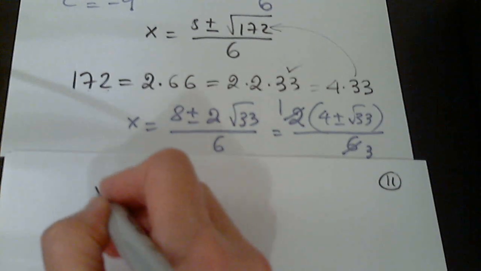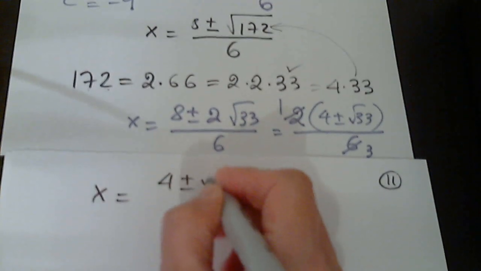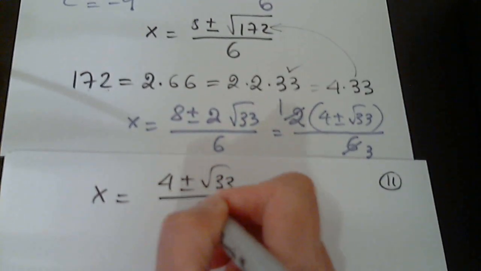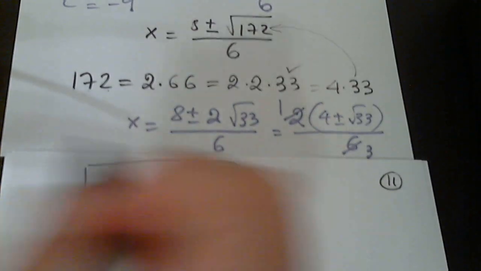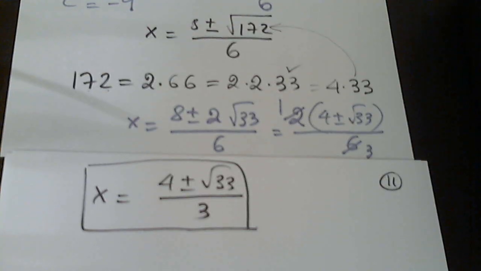So the final answer, x equals 4 plus or minus the square root of 33, everything divided by 3. And this is carved in stone. Don't try to do anything else to it. This is not a friendly problem.